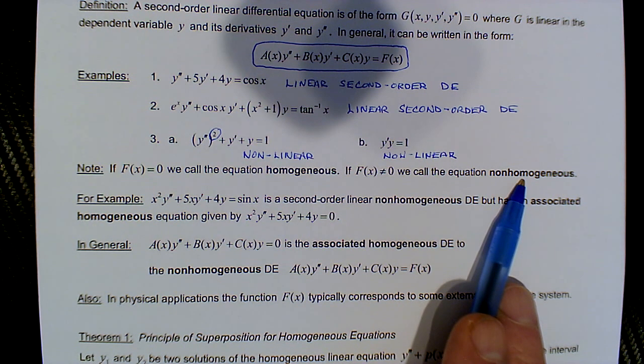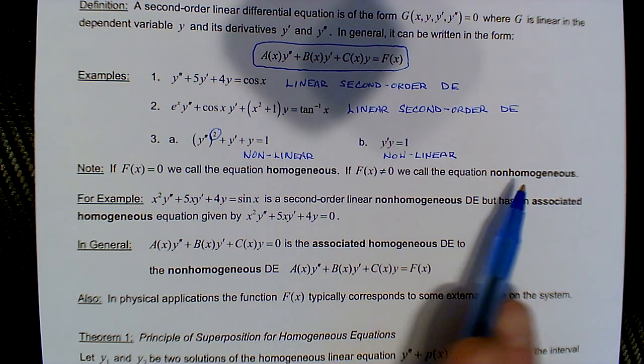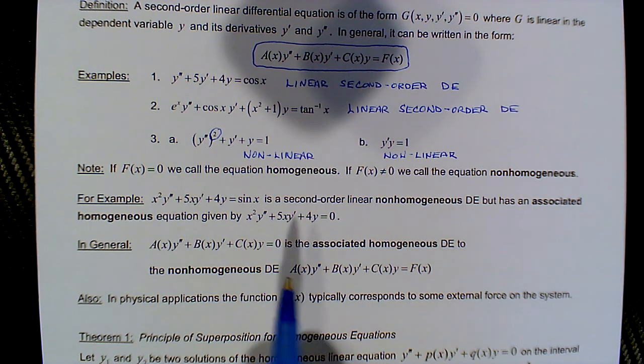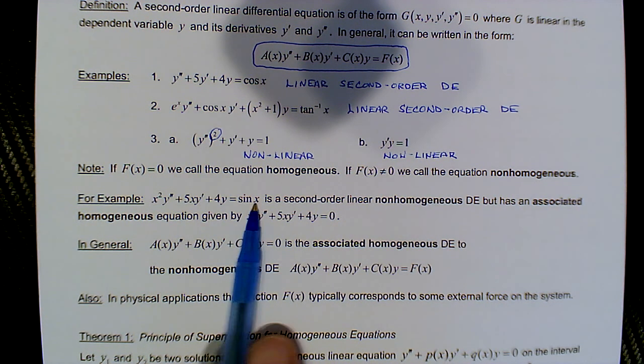So you want to definitely be able to identify a homogeneous and the difference between a homogeneous and a non-homogeneous, and it's obviously very easy. So here's an example of non-homogeneous because it's a function of x that it's equal to.